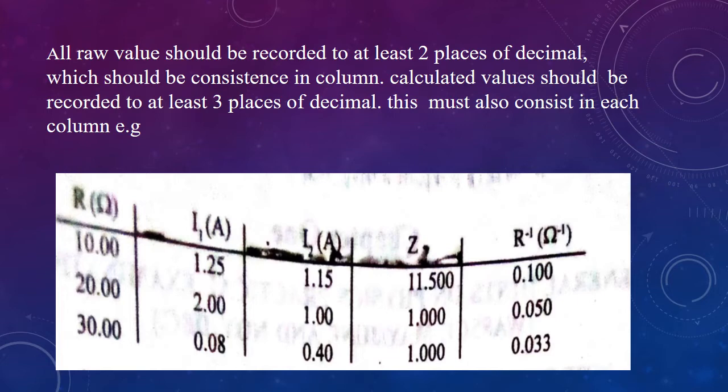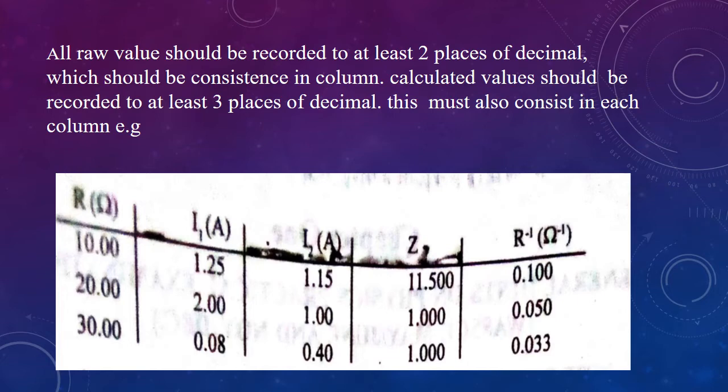You are also given the current and the voltmeter readings for your voltmeter and your ammeter. Whatever reading you read from these devices are known as your raw values. And these raw values should be presented in at least 2 decimal places. But in calculated values, students are encouraged to leave their calculated values in at least 3 decimal places.